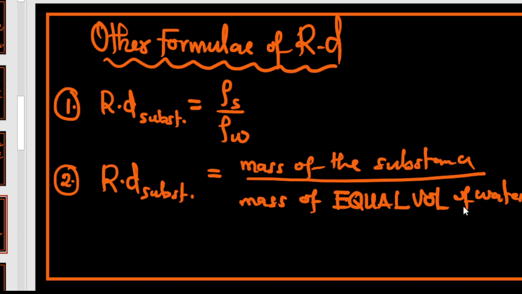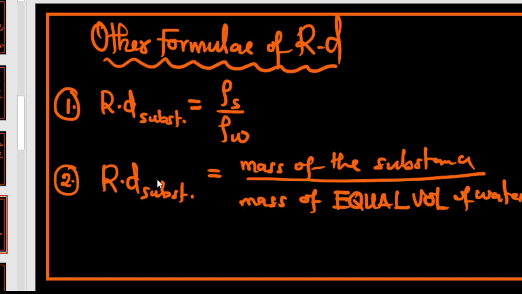Now you'll watch here that I did not just say mass of water, I had to put the statement equal volume, because the absence of that statement will make that formula invalid. It can't just be mass of a substance over mass of water. It has to be mass of a substance over mass of equal volume of water.